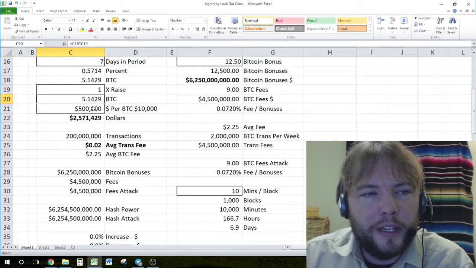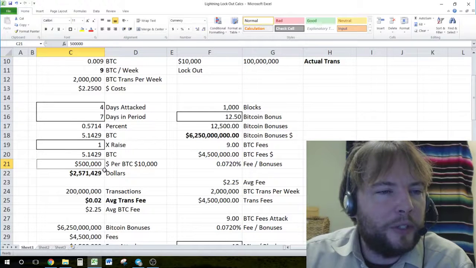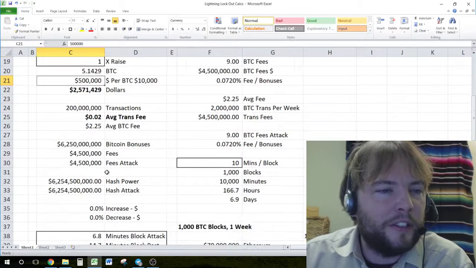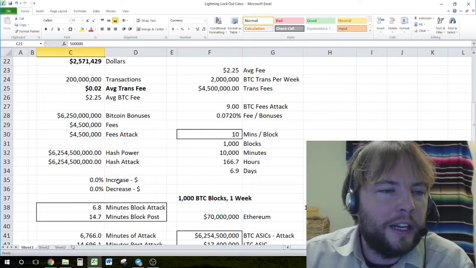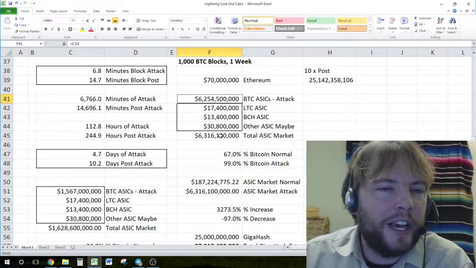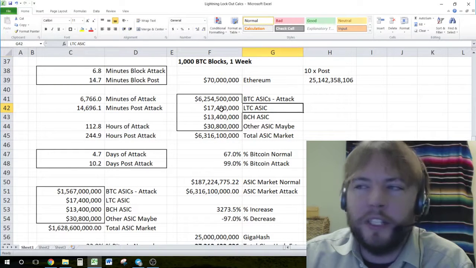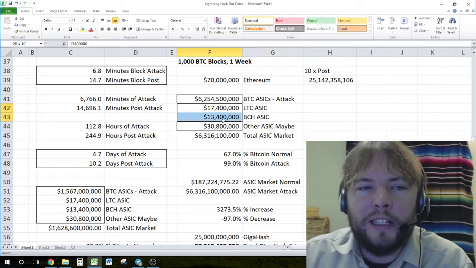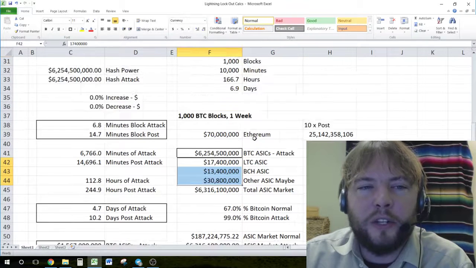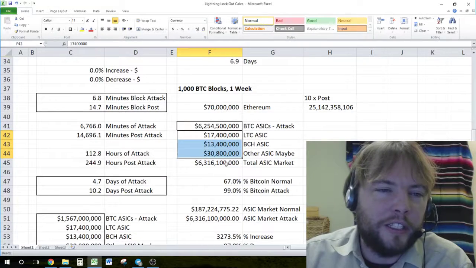Well, if you have a situation where Bitcoin rises to a price of $500,000, then, one, the Bitcoin percent of GigaHash compared to Litecoin, Bcash, and other coins, and let's just assume that these other coins don't increase in value at all. That's a little bit ridiculous, but let's just say that.